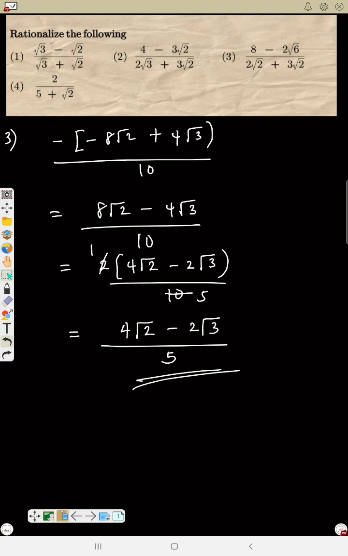So now let's see number 4. We have 2 divided by 5 plus root 2.